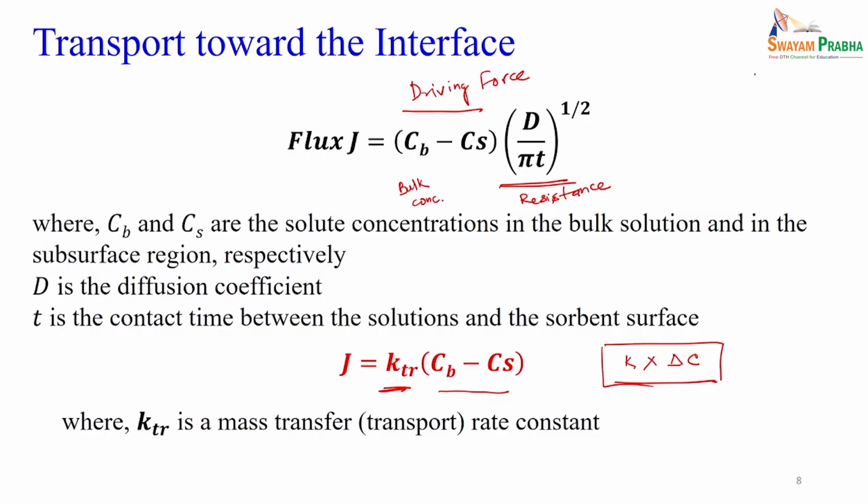You have a different concentration in the bulk, and when it comes to the surface it has a different concentration C_S, and that will depend on the value of diffusivity, or the value of the mass transfer coefficient.